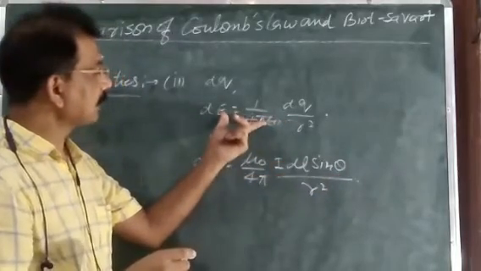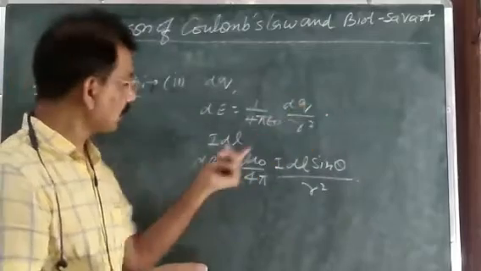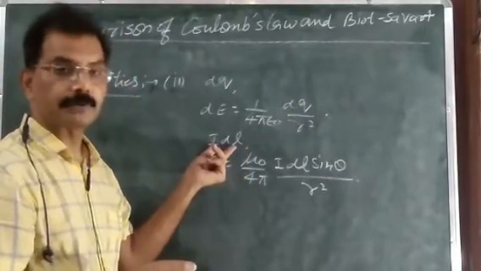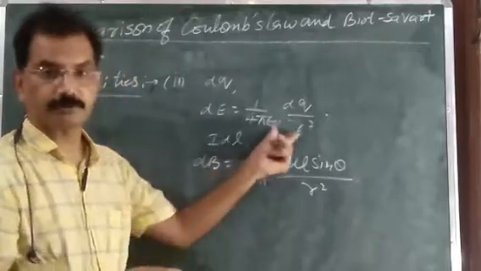So this one is the electric field due to a charge dq at distance r, and this one is the magnetic field due to a current element I dl at distance r. It is given by dB is equal to this one.